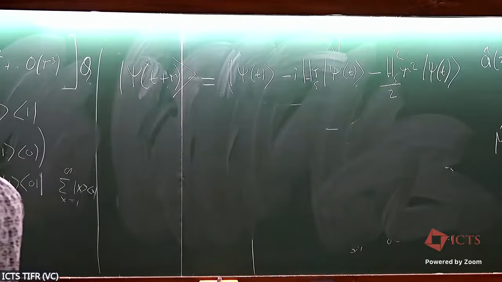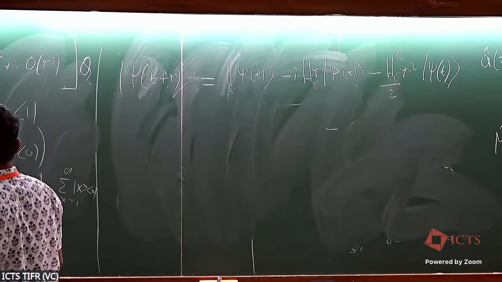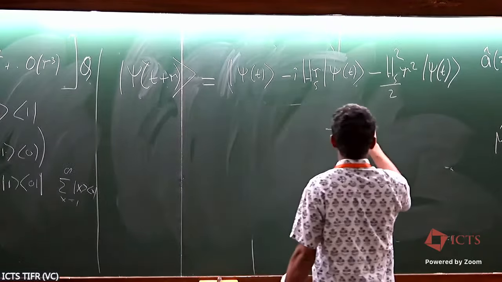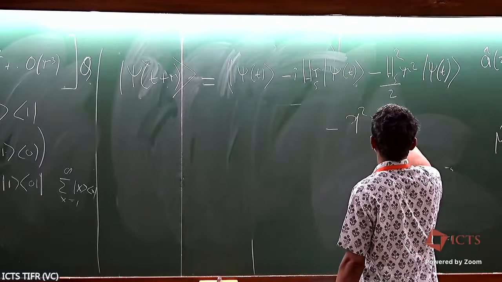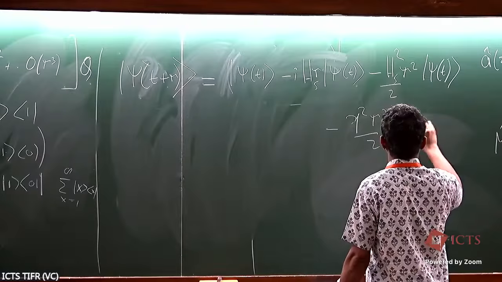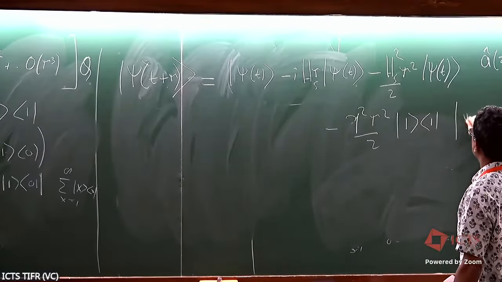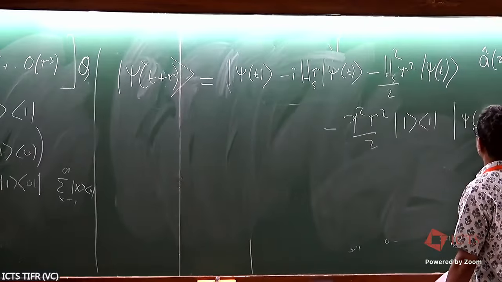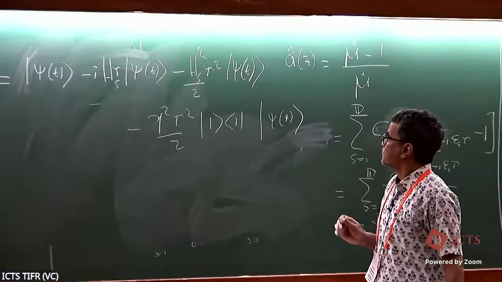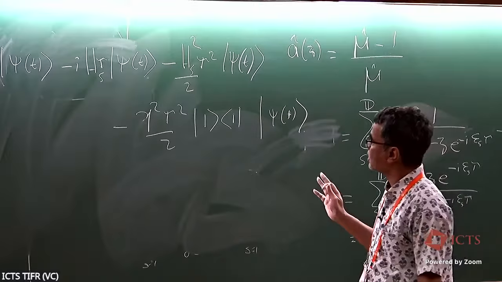There was a gamma amplitude here, so there should be a gamma here. And then of course higher order terms in tau and so on.